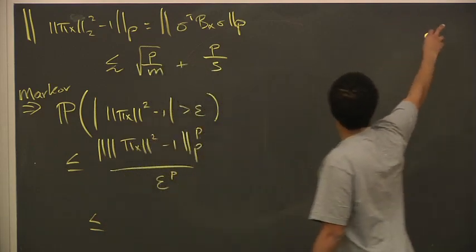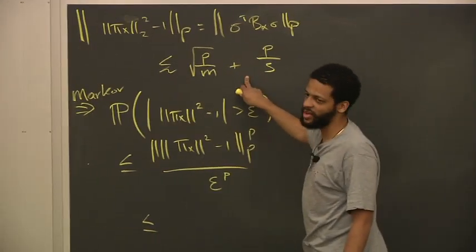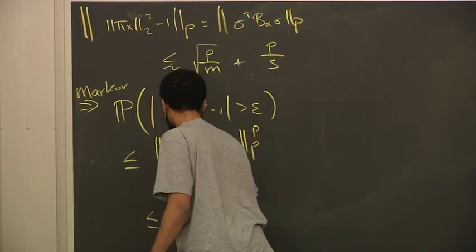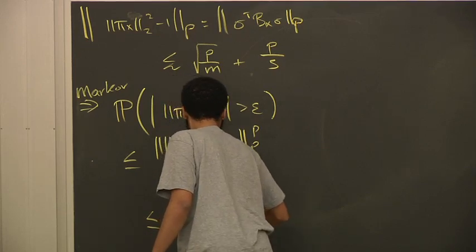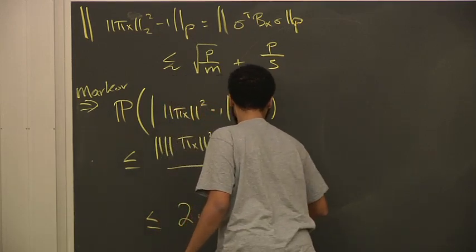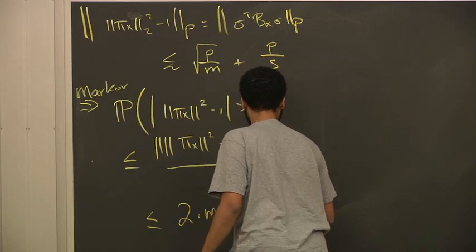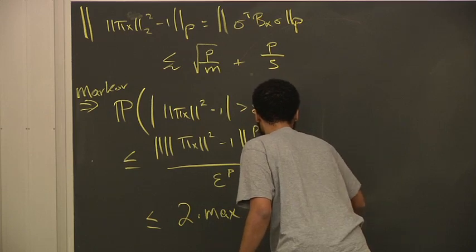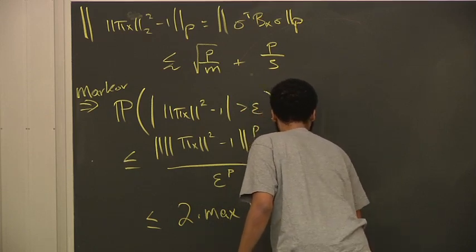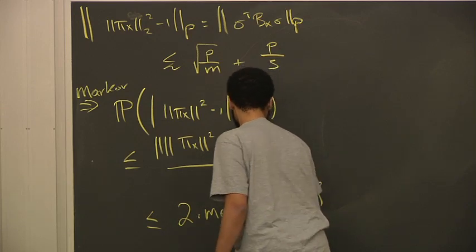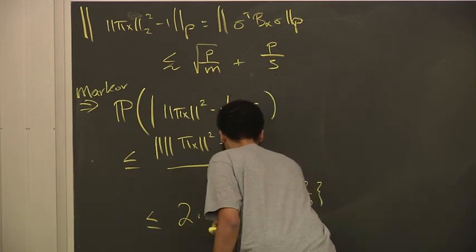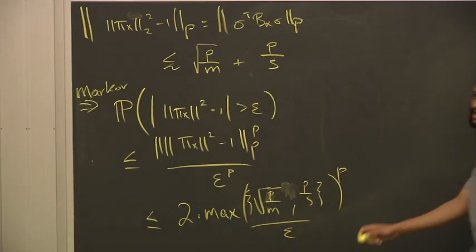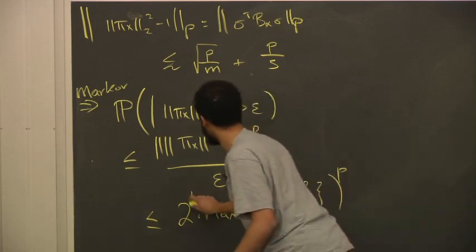The sum is at most twice the max, so this is at most 2 times the max of root p over m and p over s, over epsilon, to the p as well.